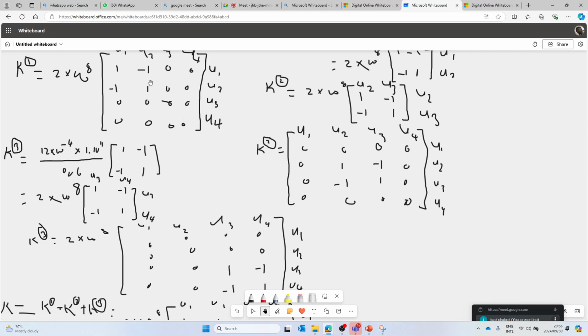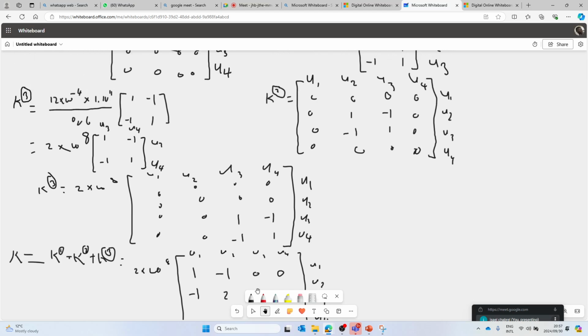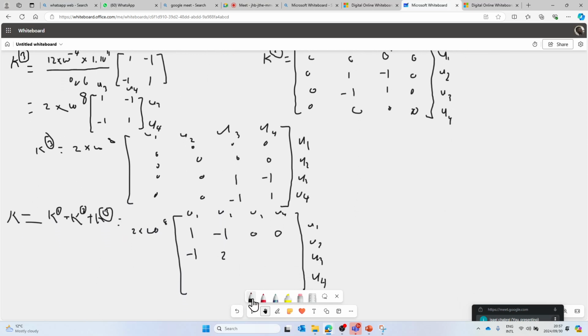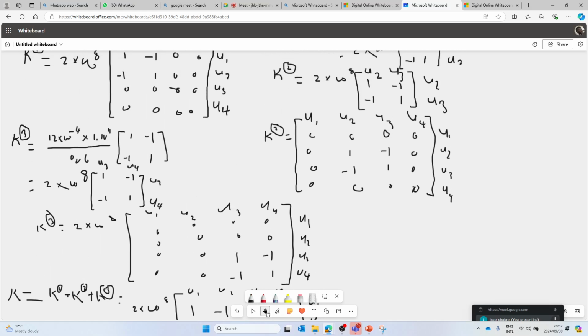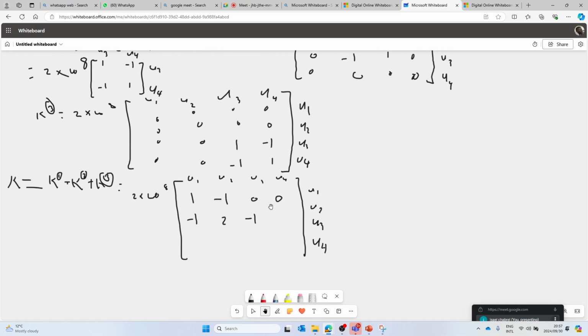Here we have 1 plus 1, this is nice, plus 0. So this one here is giving us 2. Now we move again. 0, minus 1, 0. It is minus 1. Again, 0, 0, 0 gives us 0.